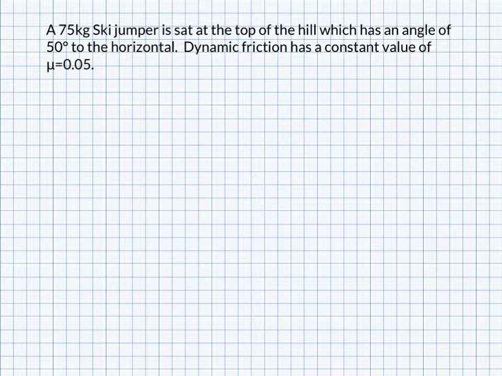So like with all these problems, we have to start with the diagram. So let's bring our hill in, and it's at 50 degrees to the horizontal. We'll put our ski jumper on at the top of the hill, and let's consider the forces acting on it.